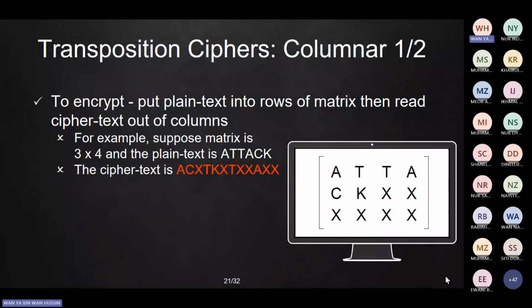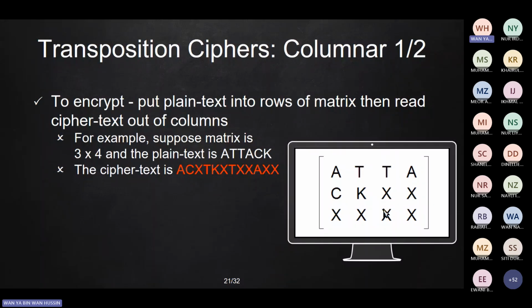The first one is columnar. What we need to do is to create a row of matrix, a table, like this one, and then you just fill in your plain text alphabet A, T, T, A, C, K, and then fill all the remaining cells with X. This is not always.